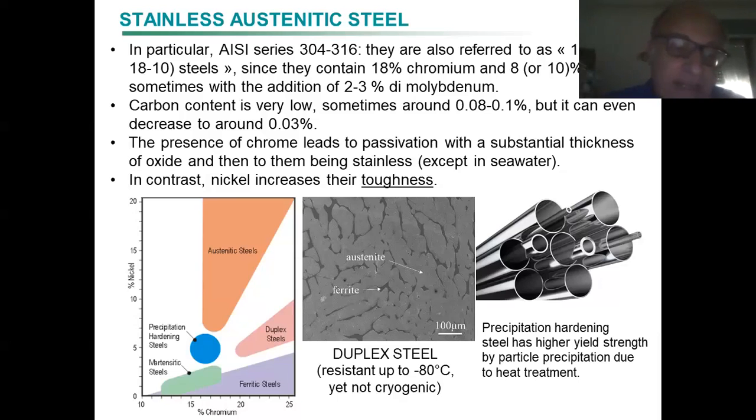It gives you an idea that if you have little nickel, you have ferritic steels. There are some regions in which you can even have martensitic steels without having any heat treatment. If you don't have nickel or chromium, you don't have martensitic steel if you don't have a heat treatment.